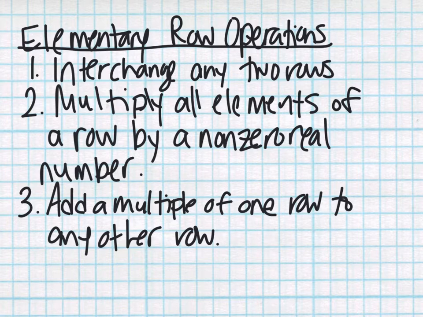So let's look at an example on how to find row echelon form from an augmented matrix. Let's say I tell you, solve the system.